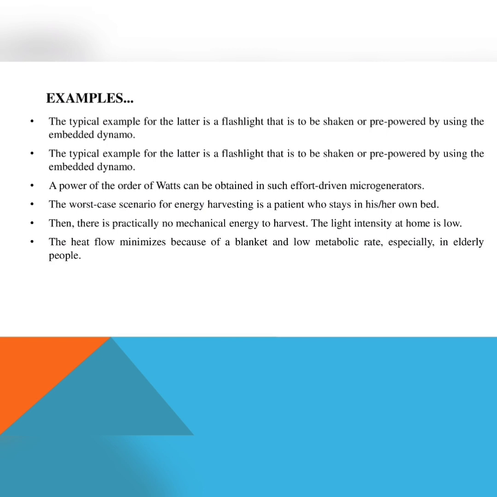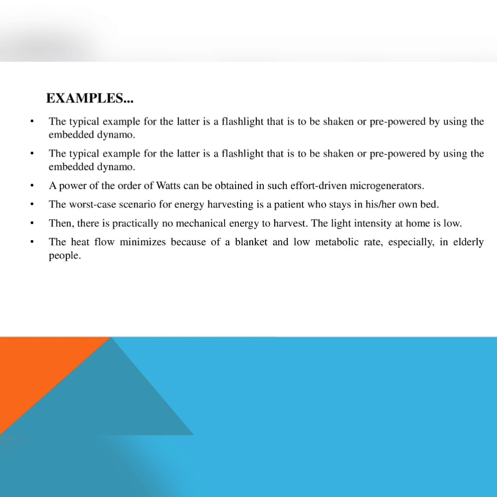The worst case scenario for energy harvesting is a patient who stays in his or her bed. Then there is practically no mechanical energy to harvest, right? Since the person is always in bed and is not able to move, how can we generate energy? The light intensity at home is low.